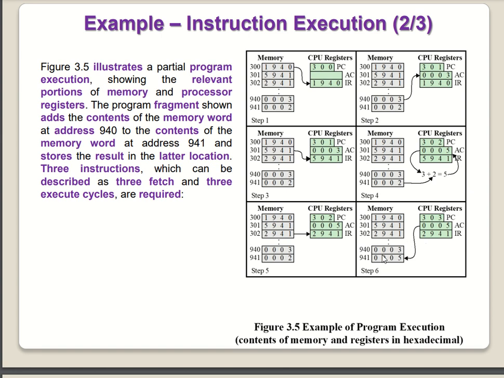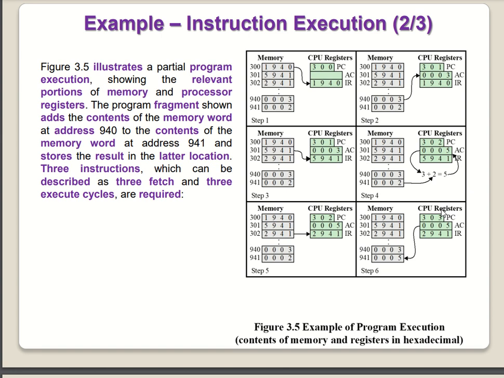So, the AC content 0005 is saved in that memory location. Moreover, did you notice the PC? PC is now incremented to 303. But anyway, our program contains only 3 instructions. We executed the 3 instructions successfully.